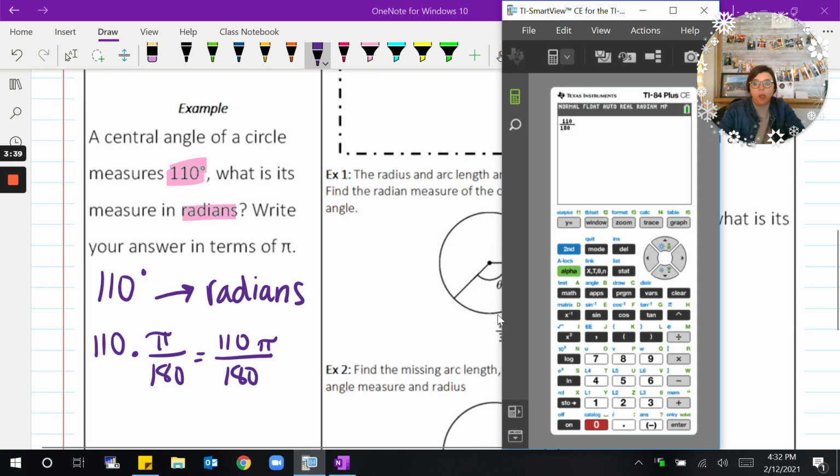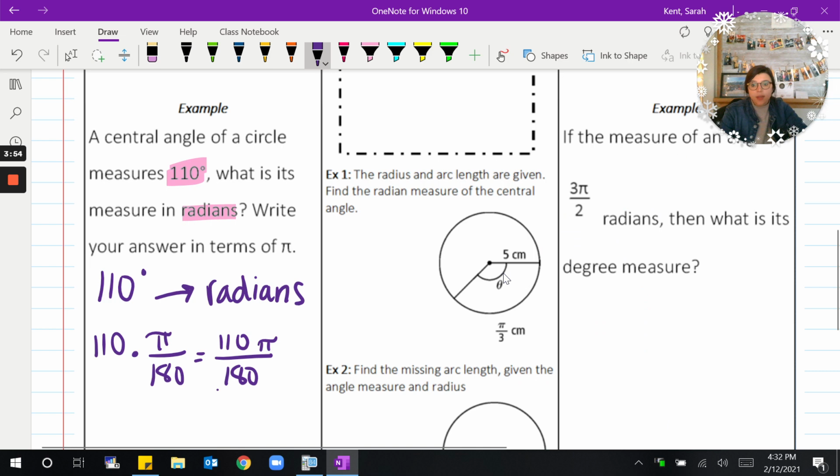It says write your answer in terms of pi, so I do not put the pi in the calculator, just the numbers. When I press enter, I get a new fraction of 11 over 18. So for my final answer here, I would have 11 pi over 18. And that's all you do. If you have degrees, you multiply by pi over 180.